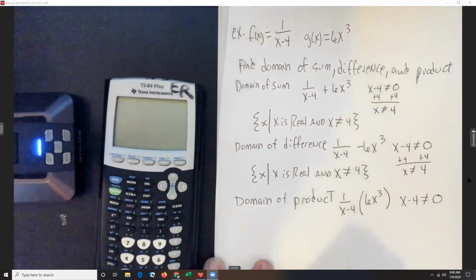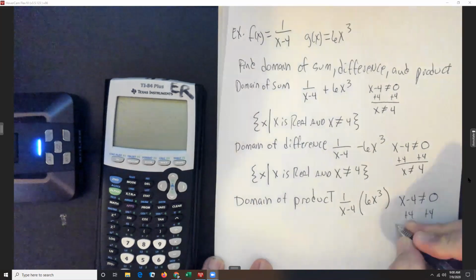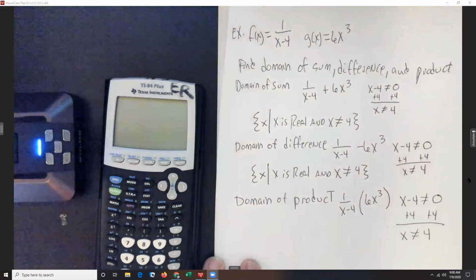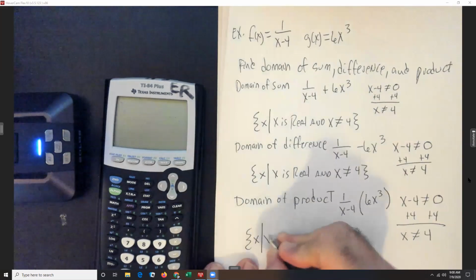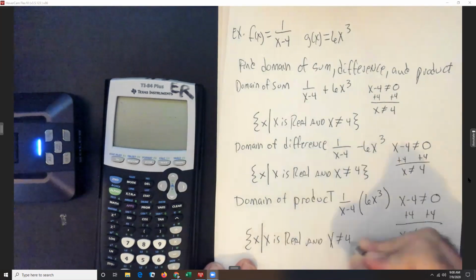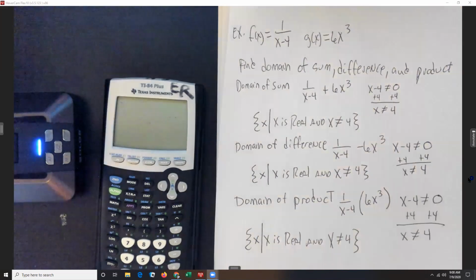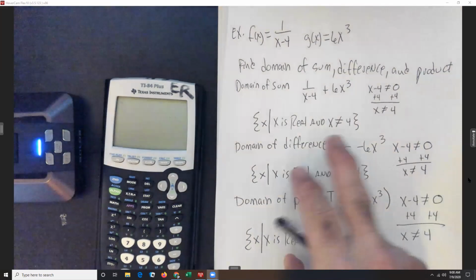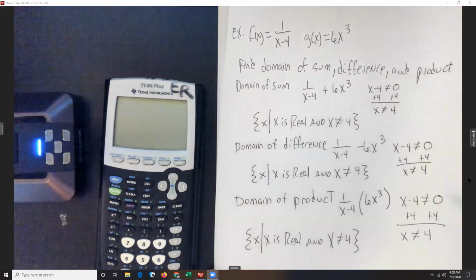So y'all, once again solve that by adding 4, and we get x cannot equal a positive 4. So for the third time, x such that x is real and x cannot equal 4. You'll notice the sum, the difference, and the product are very similar on their domains. The only one that might be different that they didn't give us would be the quotient on that one, okay?